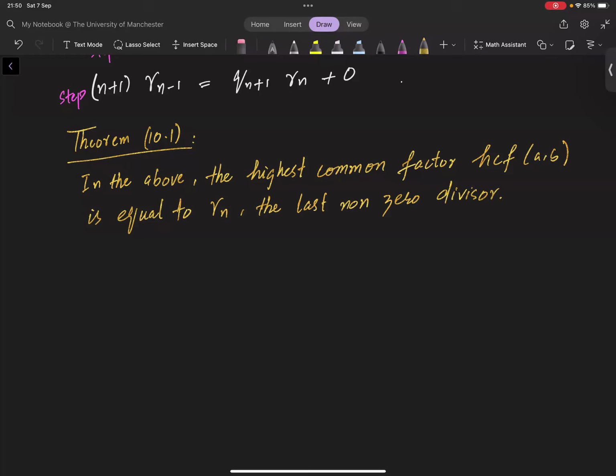So we are basically saying that HCF of A comma B is Rn, not equal to 0.